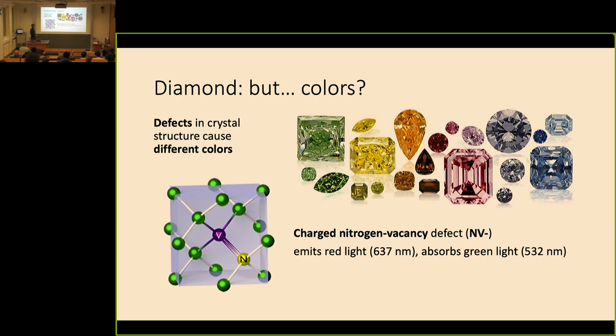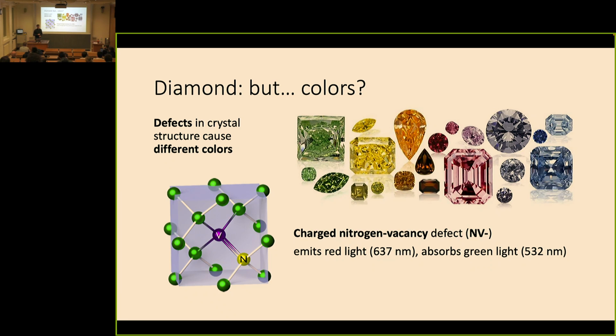One of the most famous defects that can occur in diamonds is the so-called nitrogen vacancy defect, where you remove one carbon atom and replace it by a nitrogen, and next to it you don't have a carbon at all, an empty place, a vacancy. This defect has a very funny property: it absorbs green light, but then after it absorbs green light, it can emit red light.